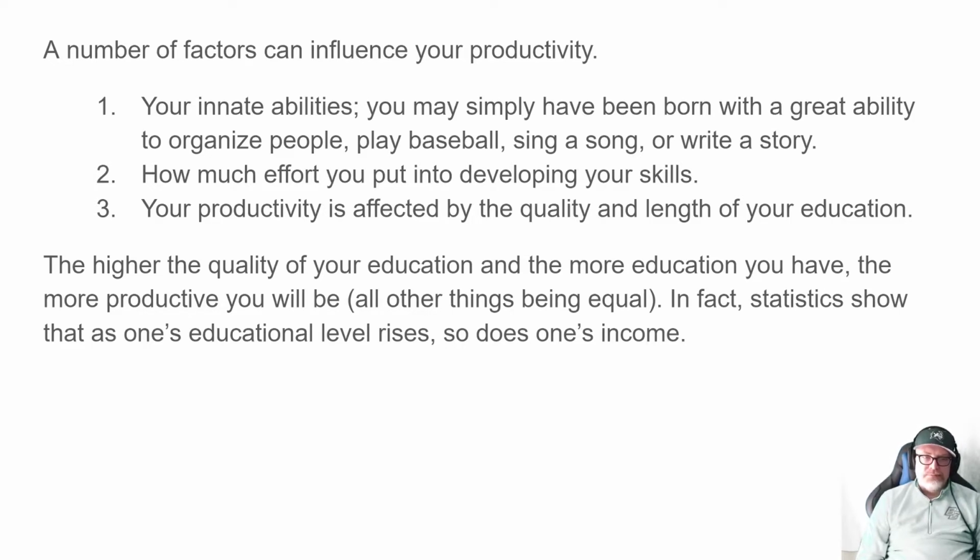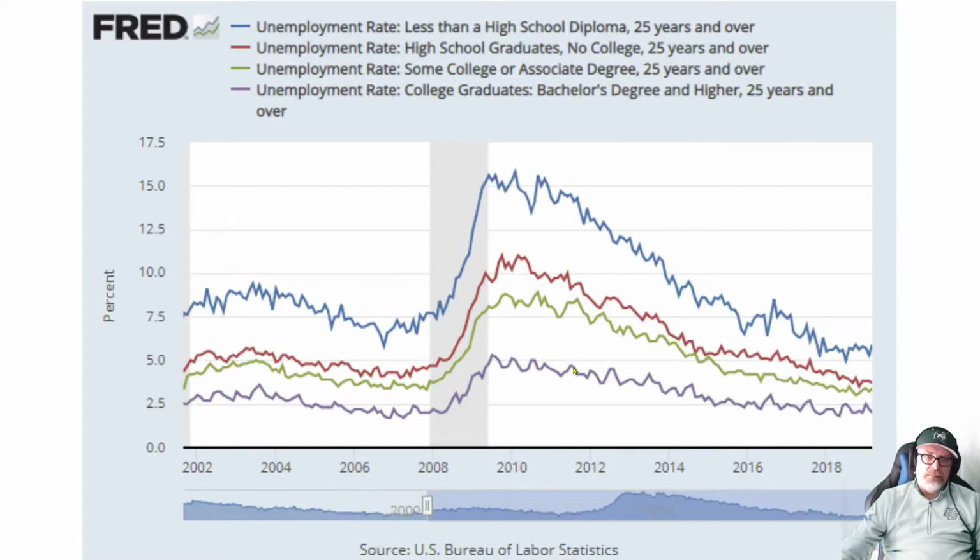Your productivity is also affected by the quality and the length of your education. The higher the quality of your education and the more education that you have, the more productive you will be, all other things being equal. In fact, statistics show that as a person's educational level rises, so does their income. And this is an example. Each one of these lines on this graph represents a different set of employees.